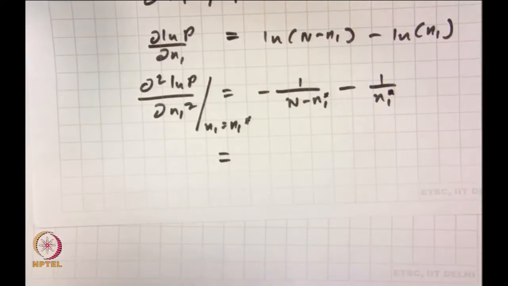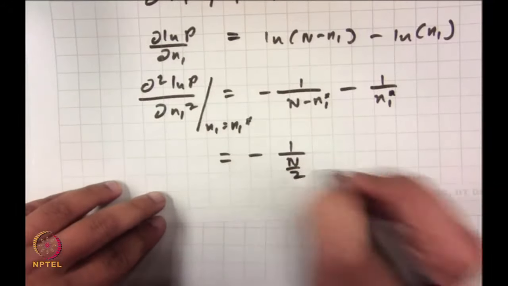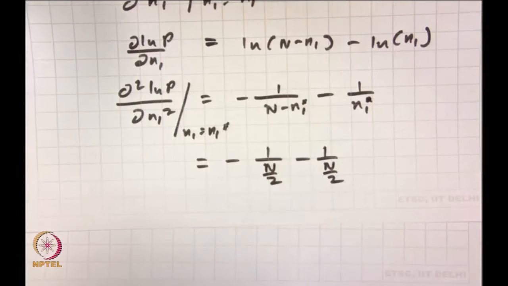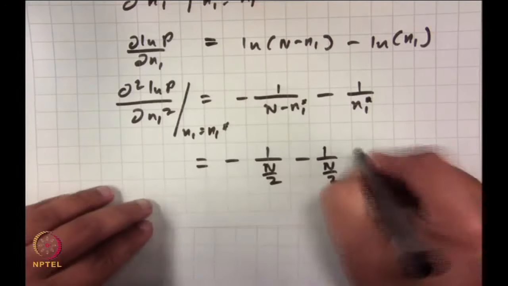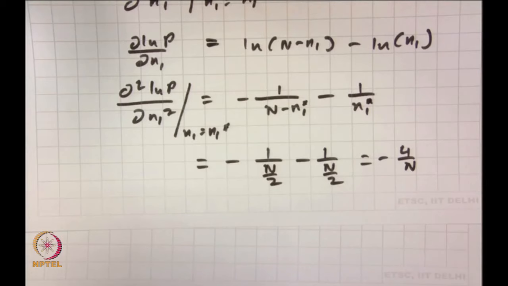Is it okay? Right? If you put n1 star, how can I simplify it further? What do we know n1 star is equal to? N by 2. So, then the first one is n by 2 and the next one is n by 2. Okay. So, what should I have? Minus 4 by n, and it is less than 0, isn't it? It is less than 0.